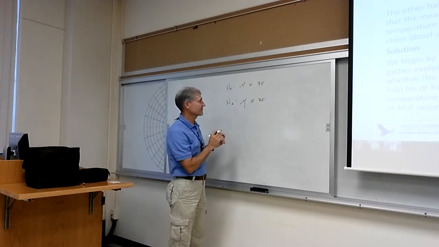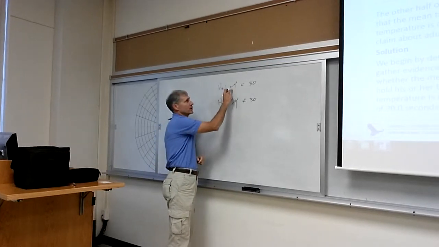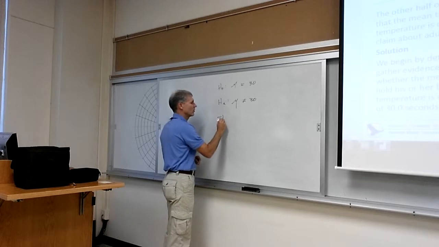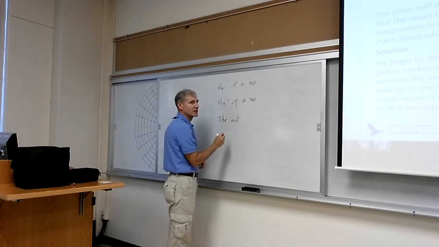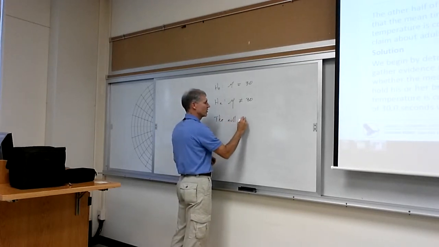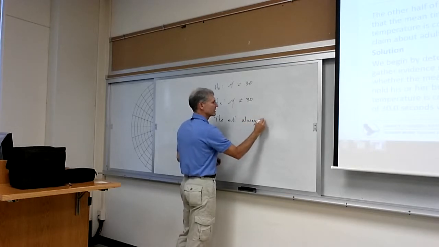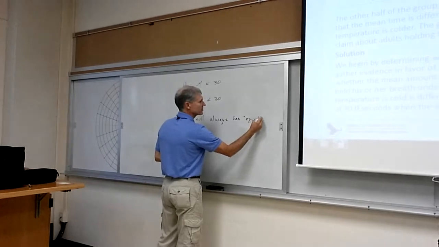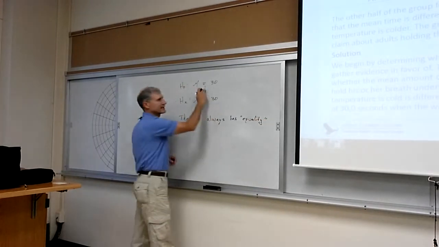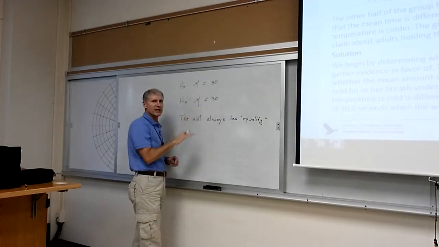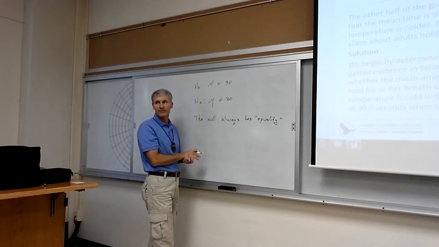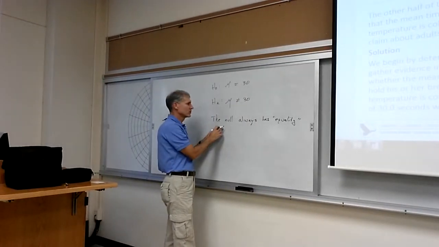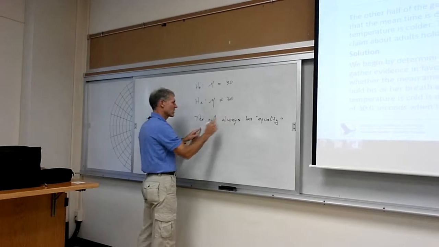So one thing to get from this is the null will always have an equal sign. The null always has equality. It'll either be a straight equal sign like it is here, or a greater than or equal, or a less than or equal. Okay? So null always has equality.